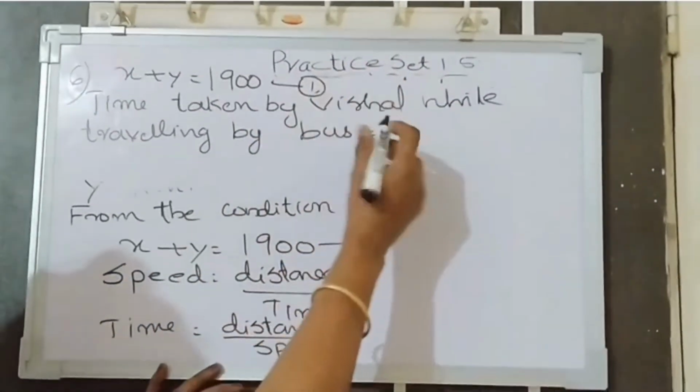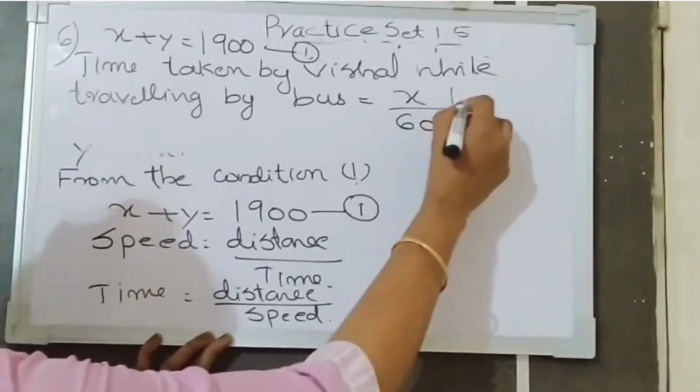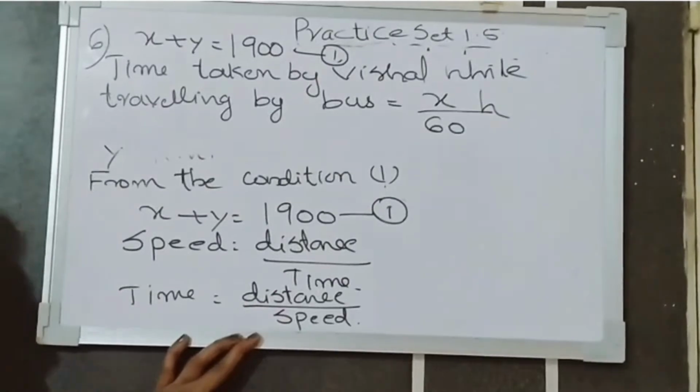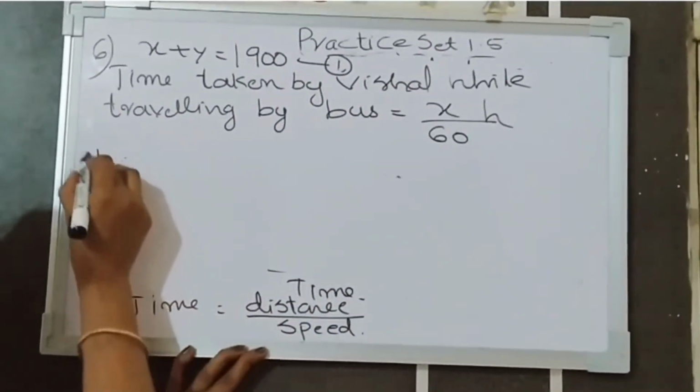Distance we have already taken as x. Speed is equal to 60 kilometers per hour. Therefore the time by bus is x by 60 hours.